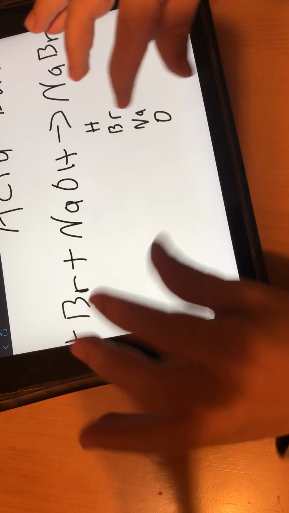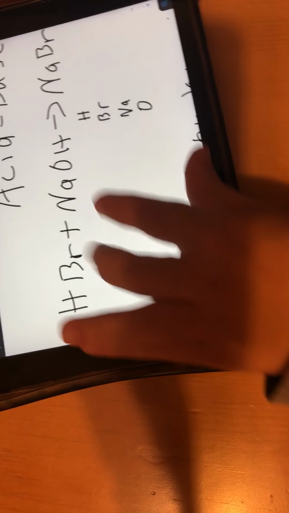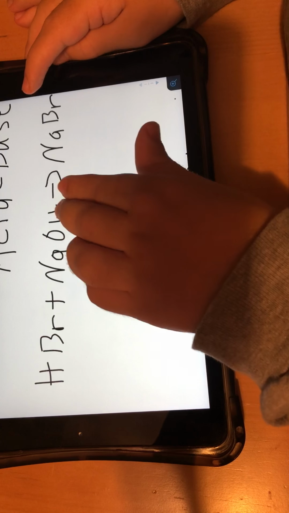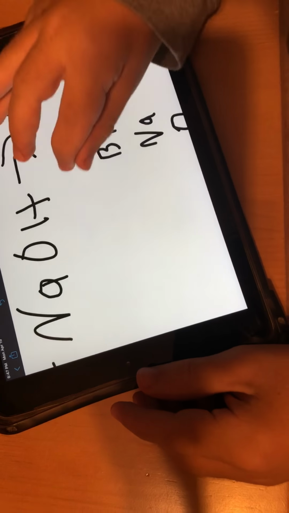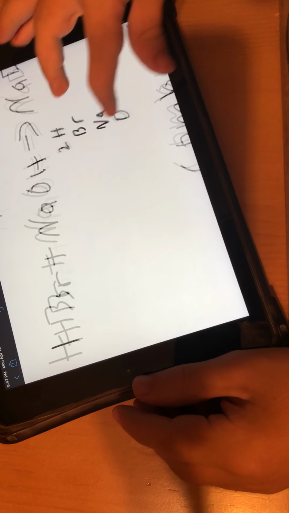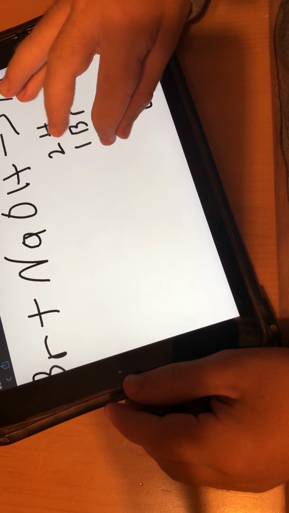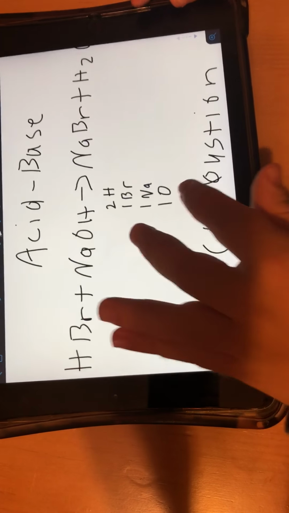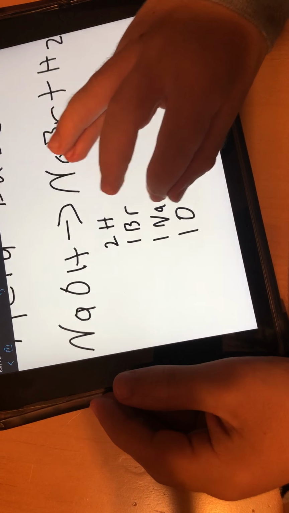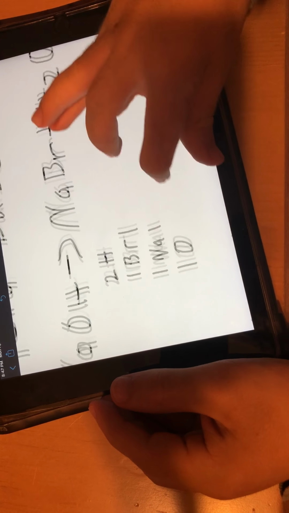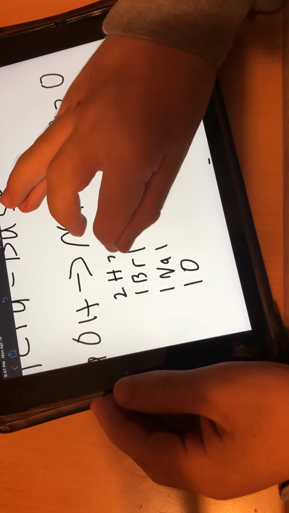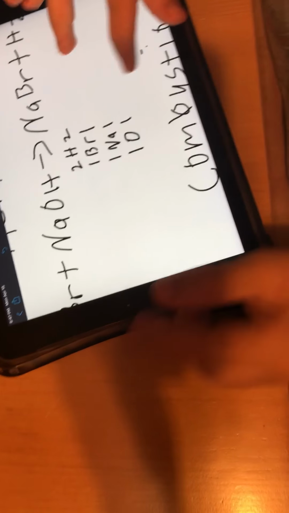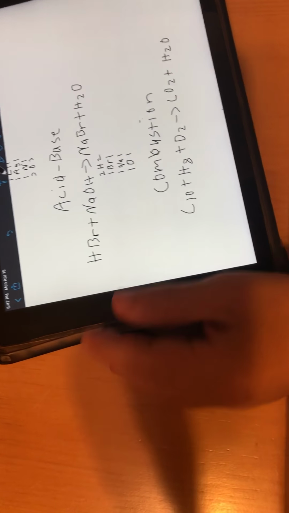So now we have two H's, since we have the hydrogen that's with the bromine and the hydrogen with the O. And now we have a single bromine, a single Na, and a single oxygen. Now, on the product side, we have one Na, one Br, two hydrogens, and also, look at that, one oxygen. So it's already balanced for us, and we don't have to do anything.